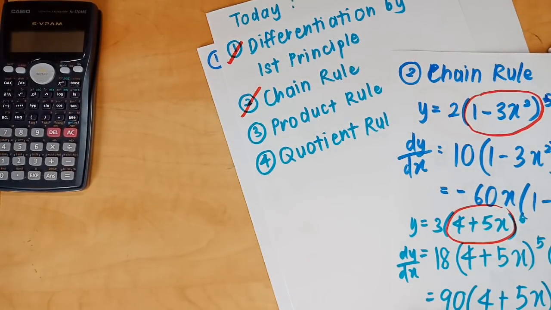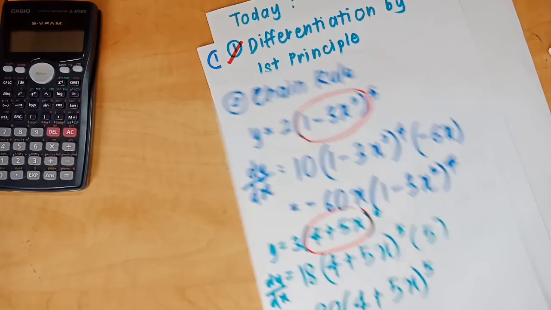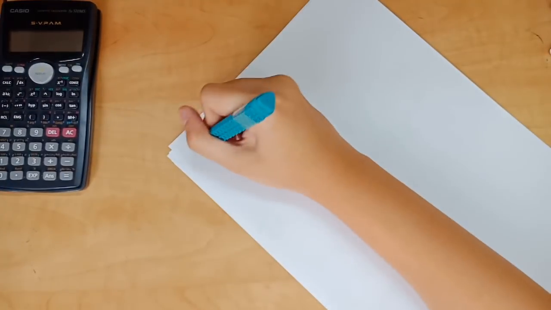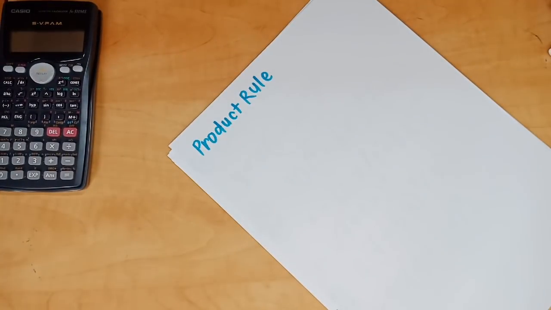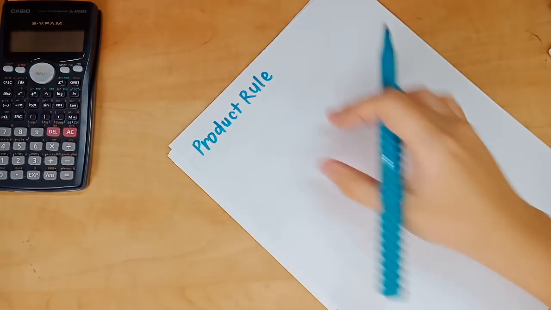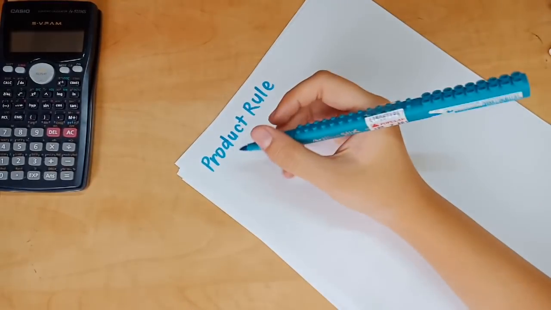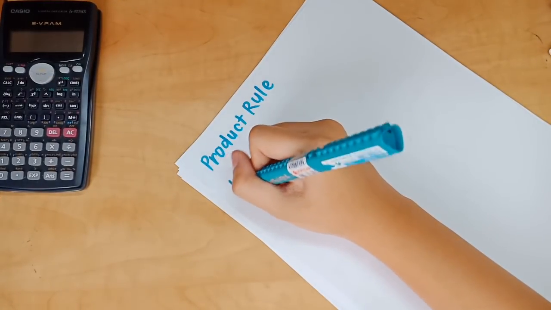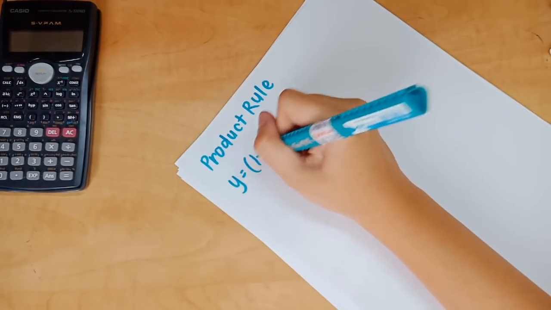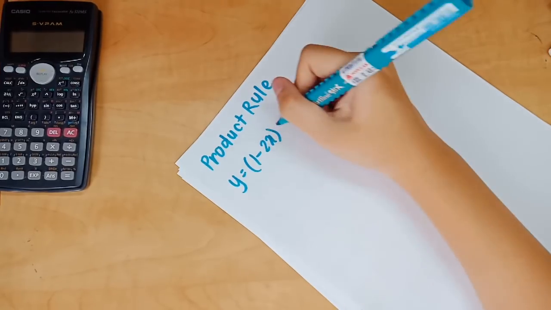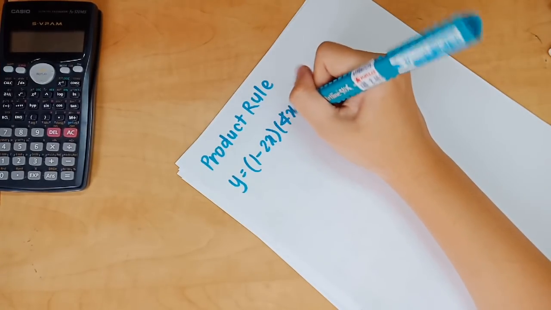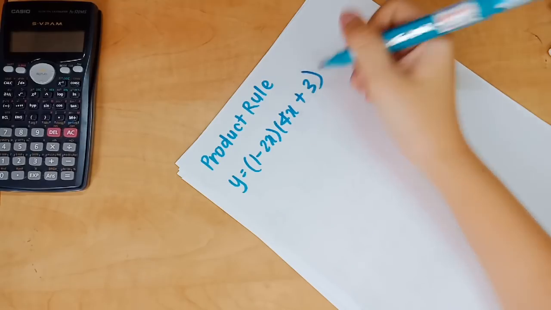Now we'll move on to product rule. The product rule is used when there is a product of one set of equation with the other set of equation. For example, you have y equals to (1 minus 2x)(4x plus 3).